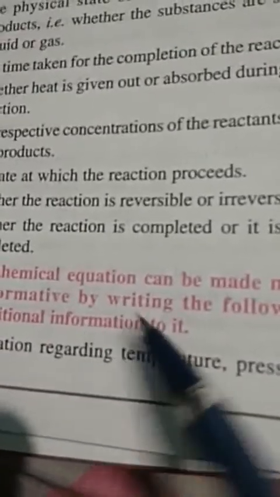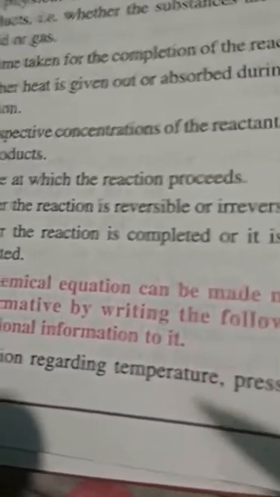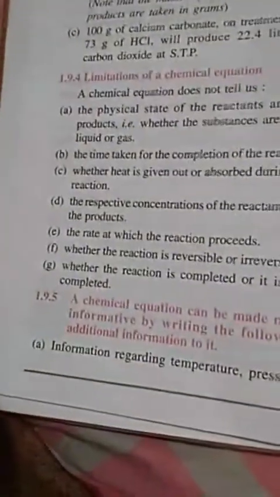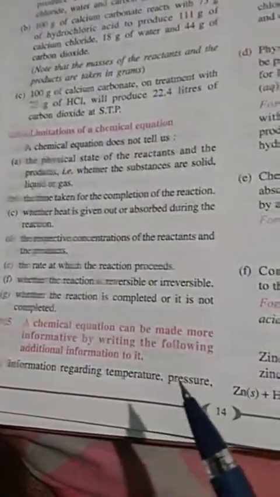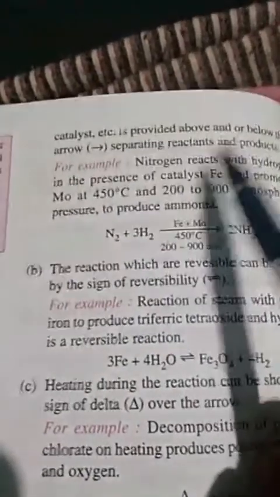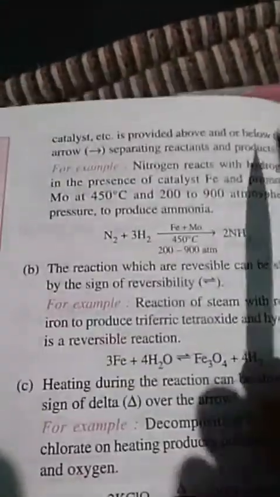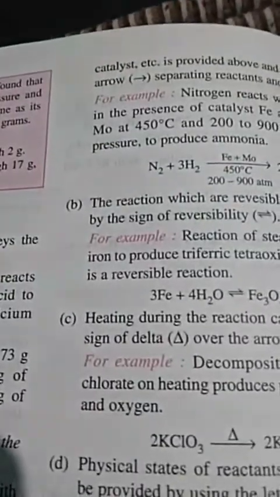Now, a chemical equation can be made more informative. How? There are certain pieces of information which can give us the idea. First one, information regarding temperature, pressure, catalyst, etc. We can give this by writing. A reaction can be made more informative.